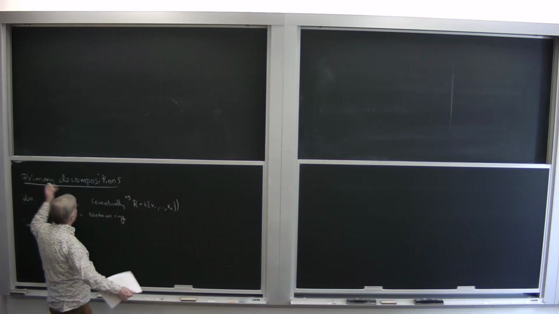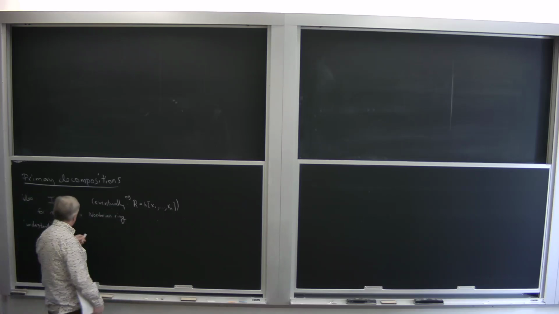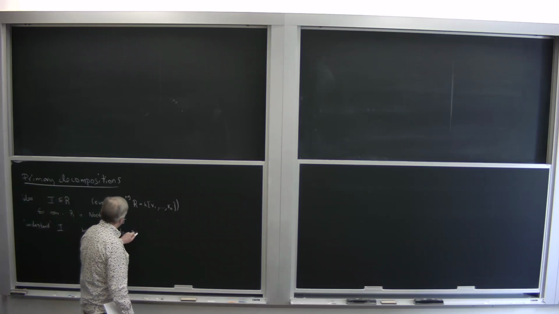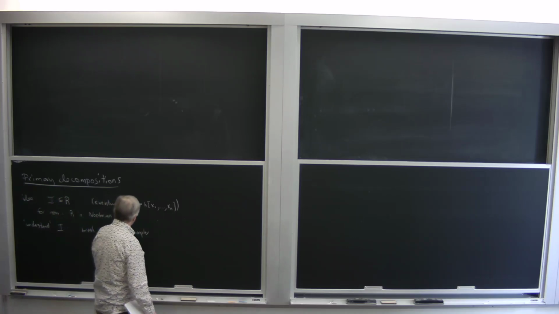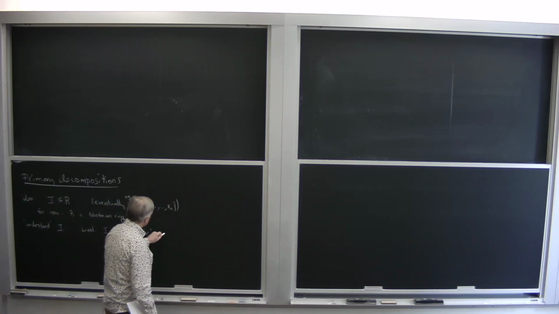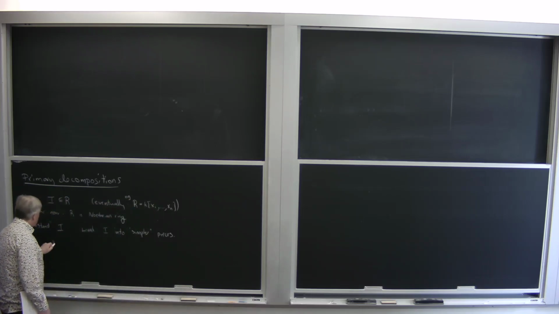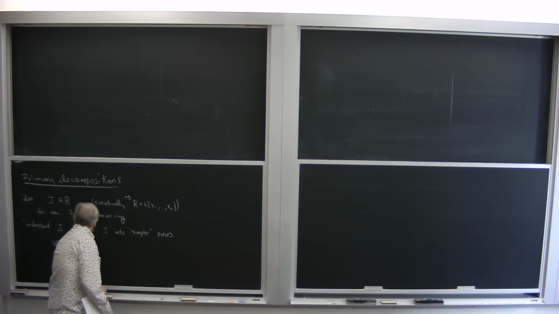Whenever you have some object you want to understand, you might want to break I into easier, simpler pieces. We also might want to consider the zero set of I, except that actually we haven't defined this.